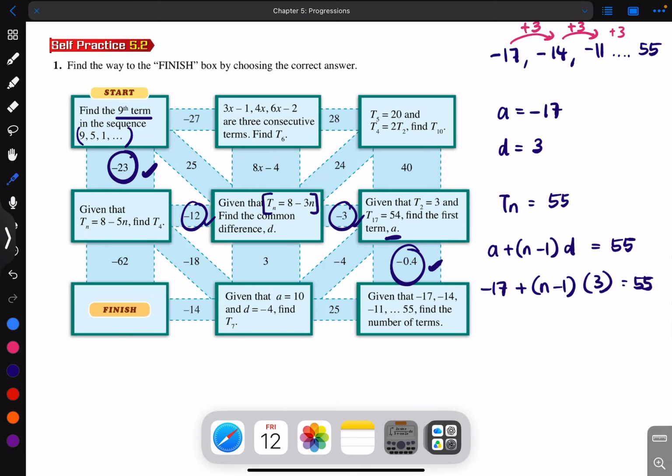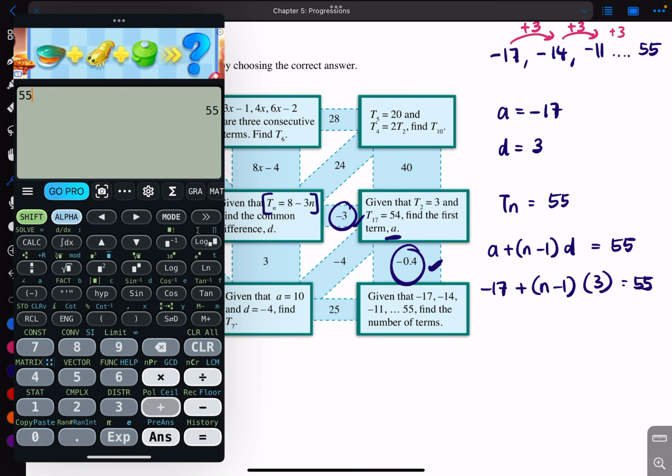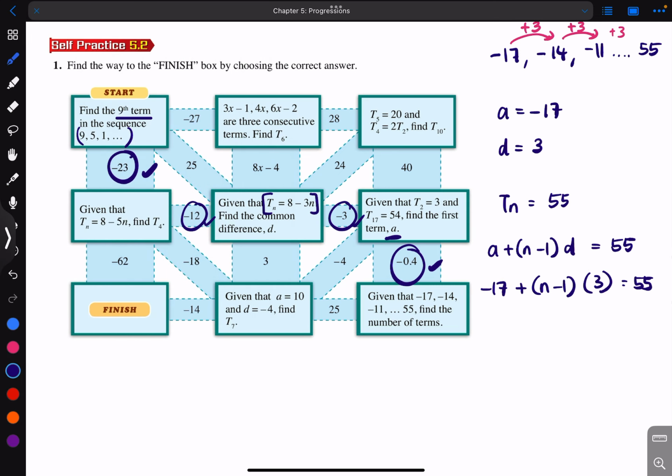So it becomes 55 plus 17. And then, since these are no more, this 3 we can bring there becomes divide. So 72 divided by 3, we get 24. So you can say n minus 1 is 24. So n will be 25. The 1 we bring there becomes plus. Done.